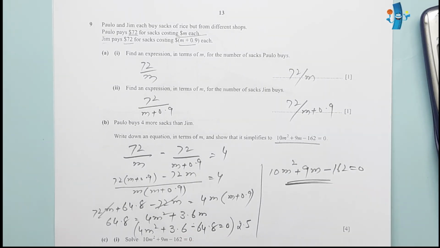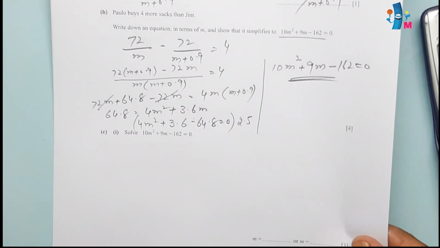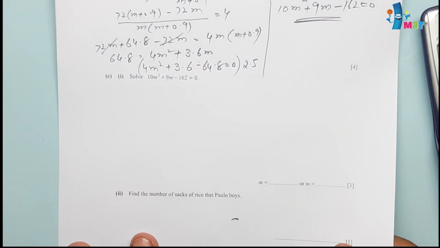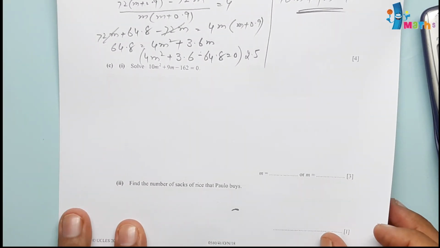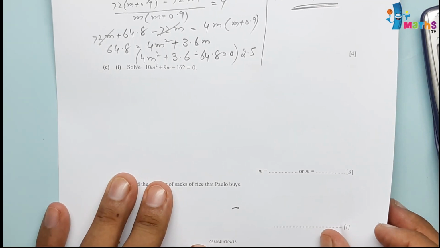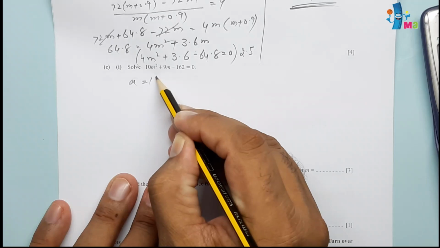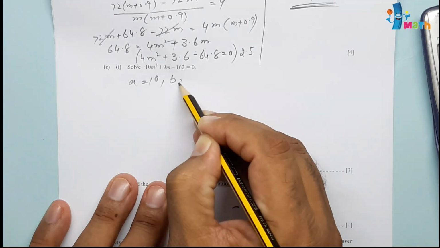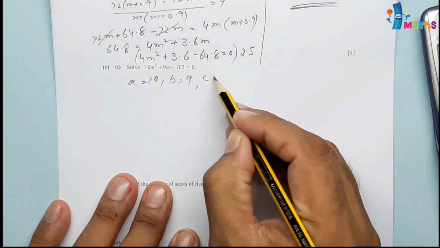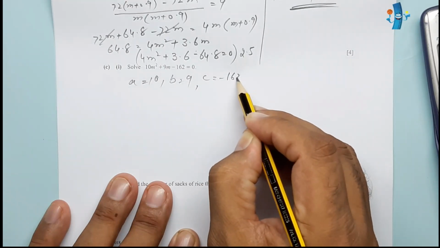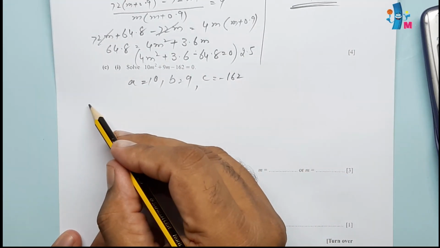Now we have to solve this quadratic equation. Solving a quadratic equation we can do with the quadratic formula. For applying the quadratic formula, we can identify the values: a is 10, b is 9 and c is minus 162. So we can apply the quadratic formula.